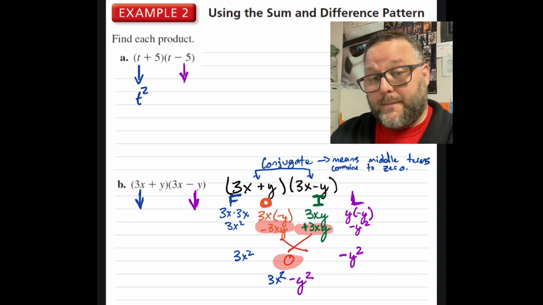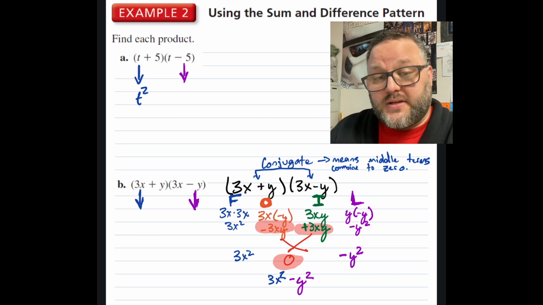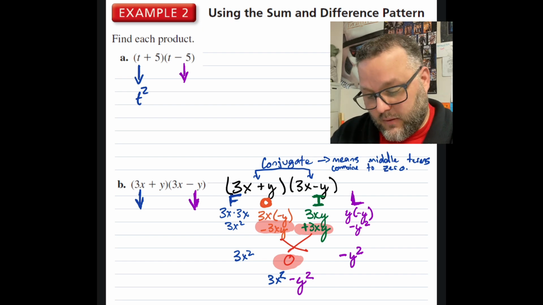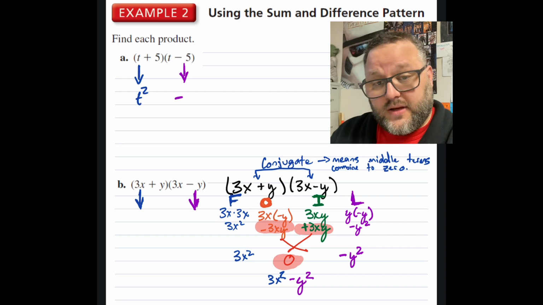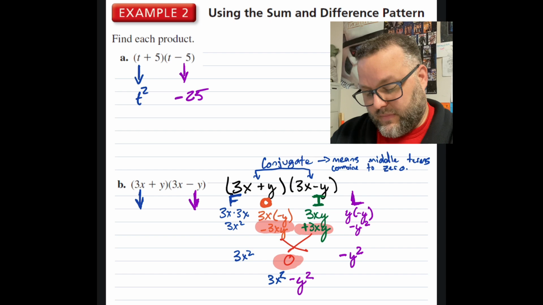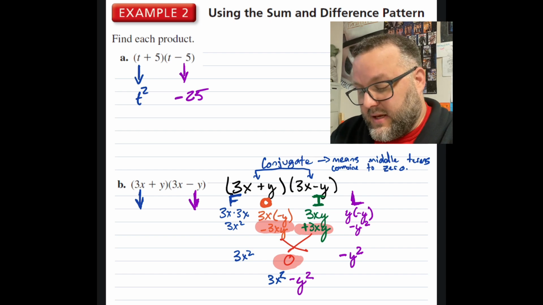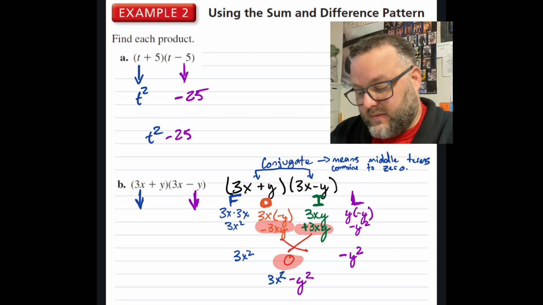Then we're going to have a positive 5 times a negative 5. Remember, those were opposite operations, so we have to take that positive and negative into account. So a positive times a negative is a negative answer, and 5 times 5 is 25. So our answer to A is t squared minus 25.